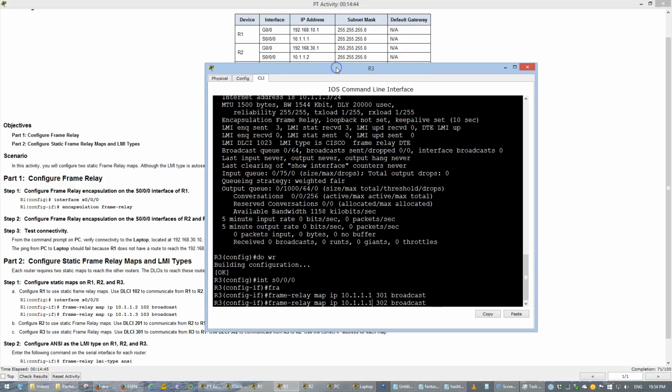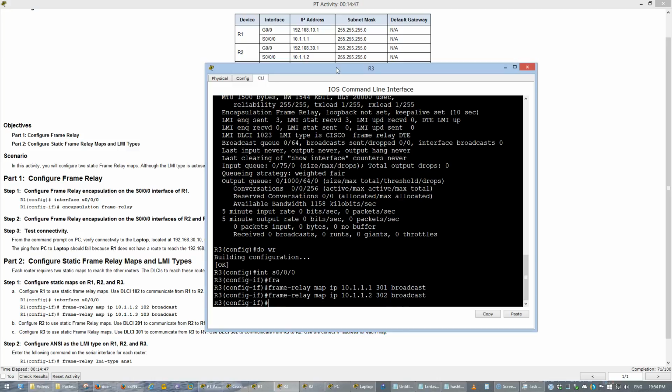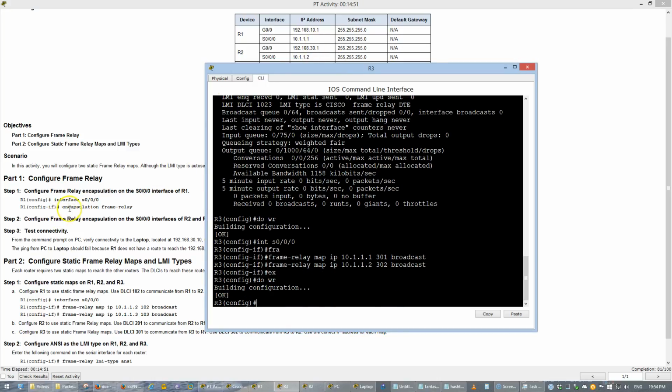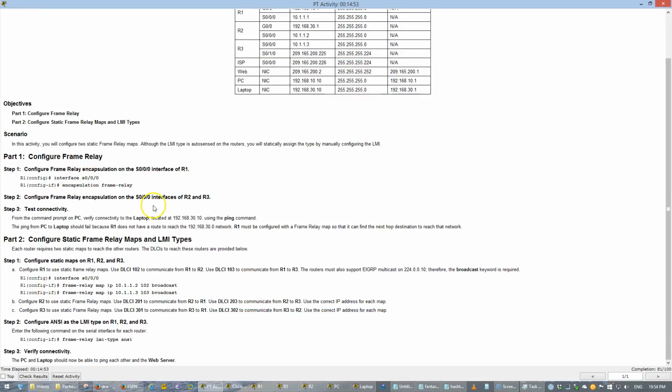Just change the DLCI and the IP. There we go. These are static relay maps.